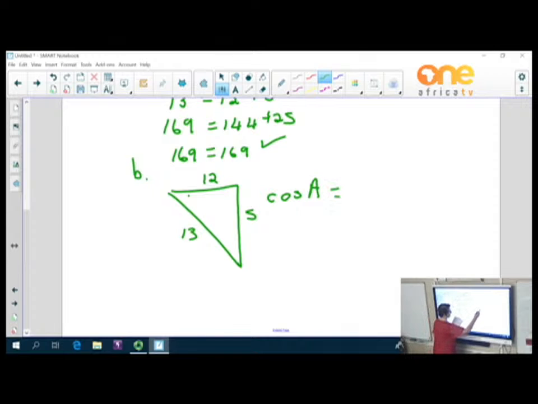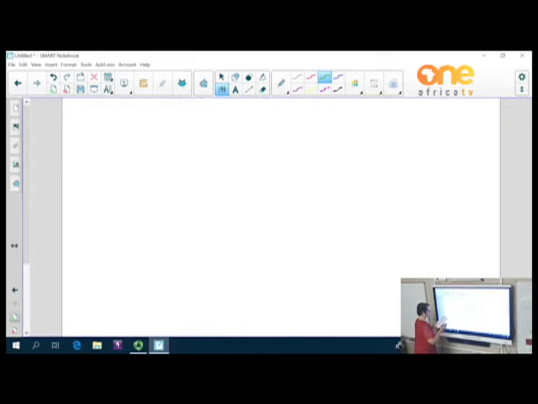Included angle, so it is 12 over 13. That's all that they want on that one. And then the next one, sine C. Now this is angle C, and sine C is then also going to be 12 over 13. So you can see if we use those opposite angles, then sine and cosine will be equal there.